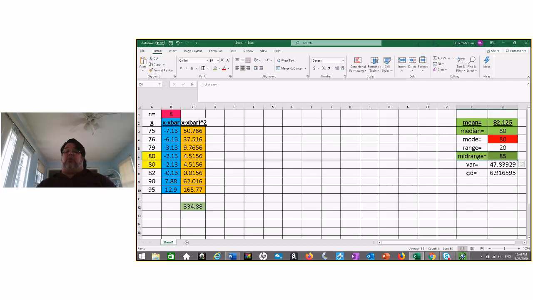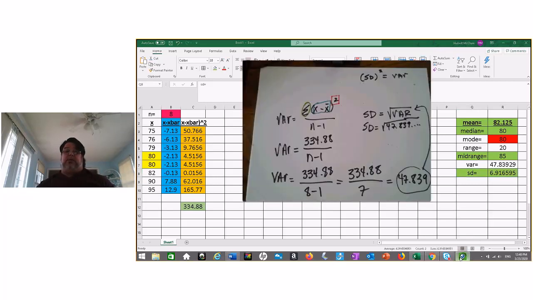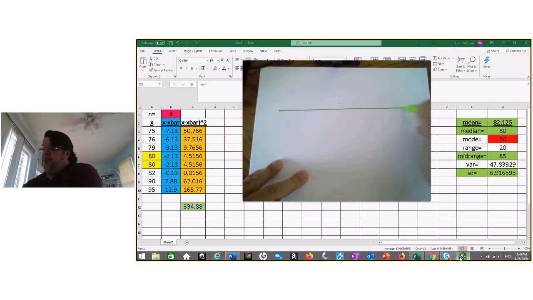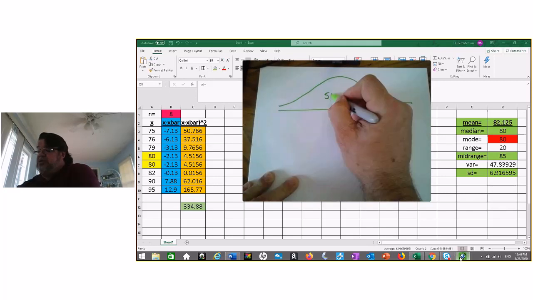This right here is very important because it tells you the spread. Okay? The standard deviation tells you the spread. Going back to my handy dandy curve, if you have a big standard deviation, that means that the curve spreads out.